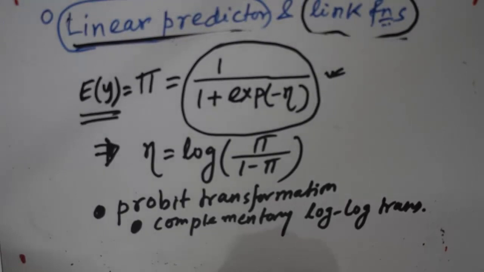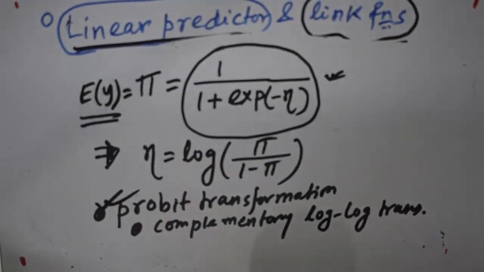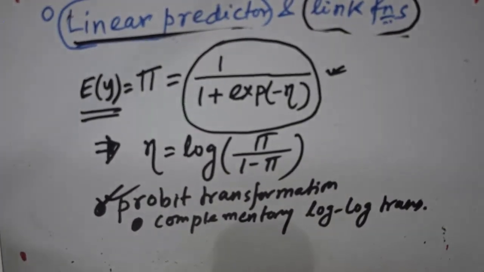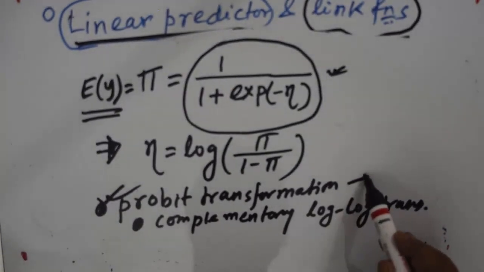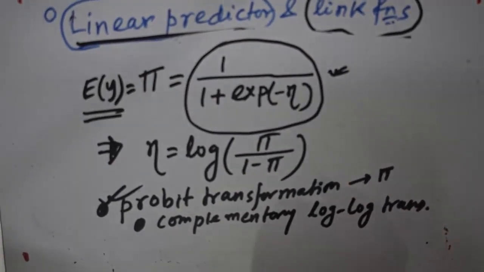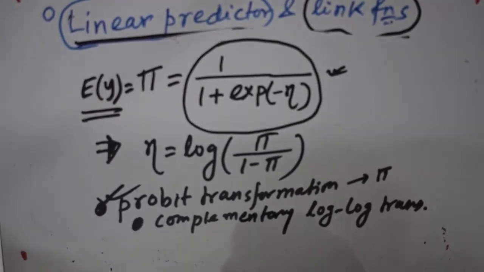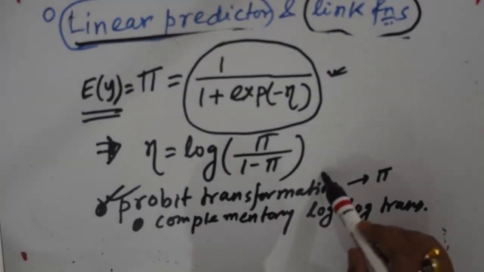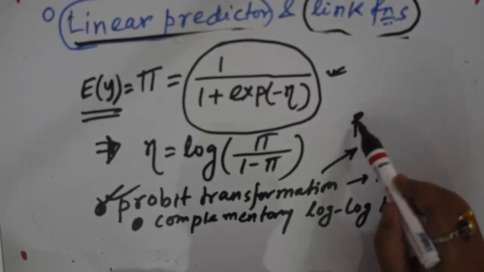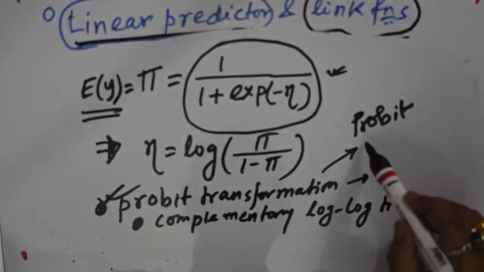The probit transformation is based on the transformation of pi using the cumulative distribution function of normal distribution, and the model based on this is called probit regression model.